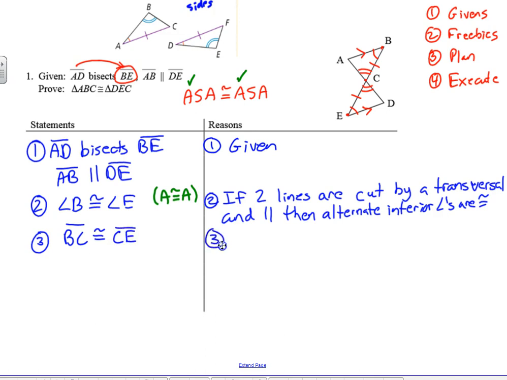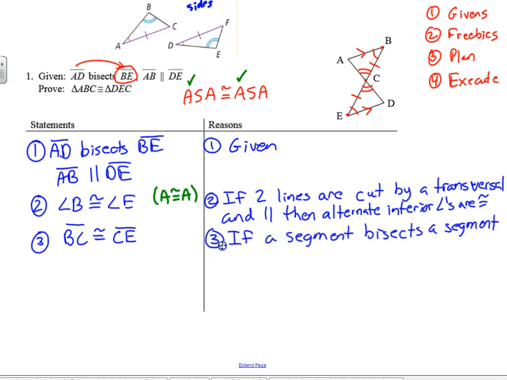And the reason for that is the segment bisector one. If a segment bisects a segment, you can read this right off your proof terminology sheet.